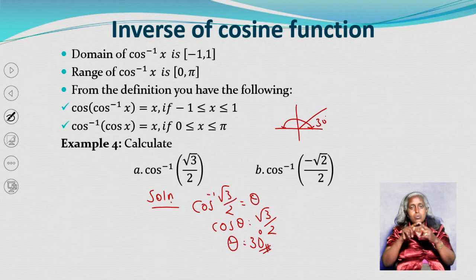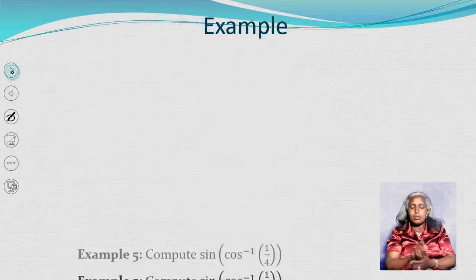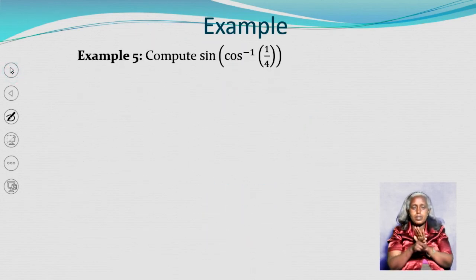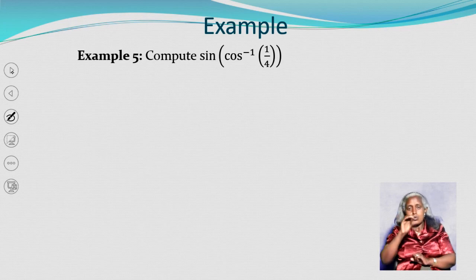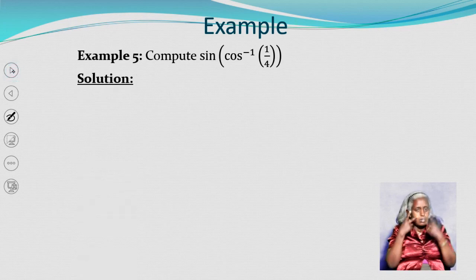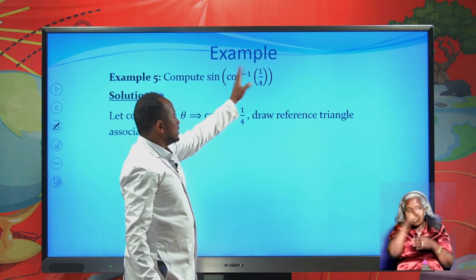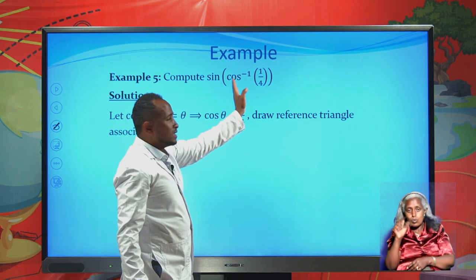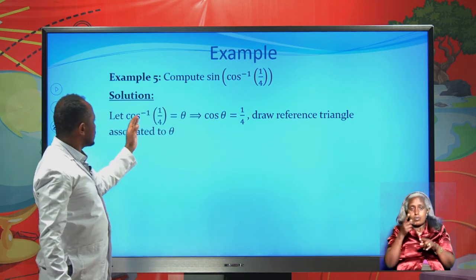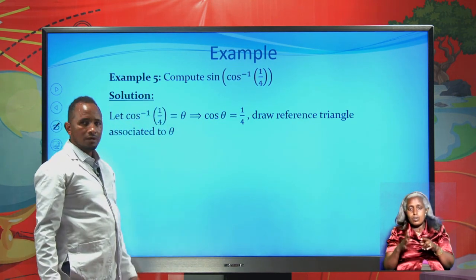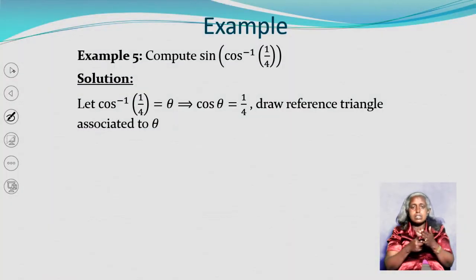Now let's continue with the other part. Okay, another example. Compute sine of cos inverse of 1 over 4. Okay, let's see this together. Let's assume the inner part, cos inverse of 1 over 4, to be theta. So cos inverse of 1 over 4 is equal to theta. This implies cos theta gives you 1 over 4.